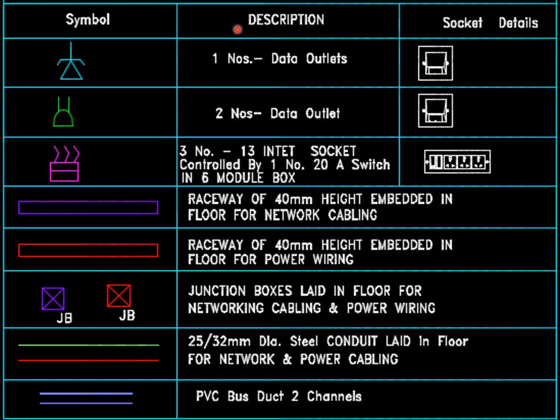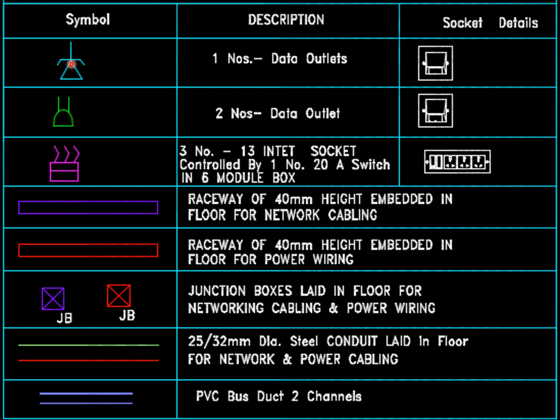Friends, this is a very important table showing the symbol in the first column, the narration of that symbol in the second column, and some symbols used to indicate the configuration of a particular type of switch circuit system or data outlets.